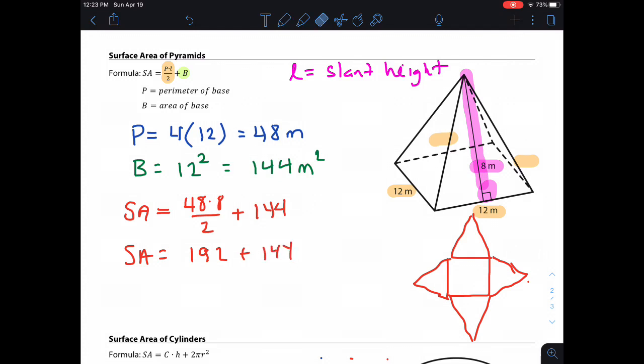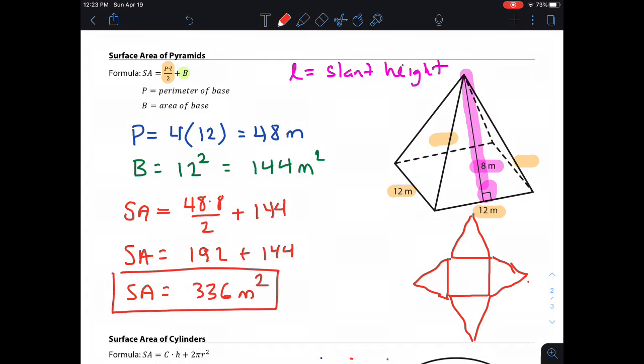And then this total surface area is going to be 192 plus 144, or I think that's 336. And that's going to be meters squared. Okay, so the surface area of a pyramid is 336 meters squared.